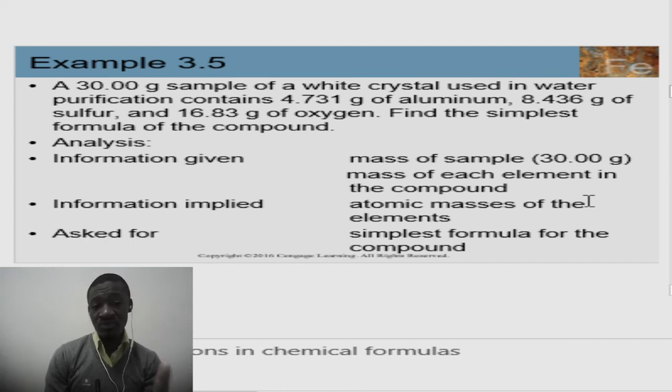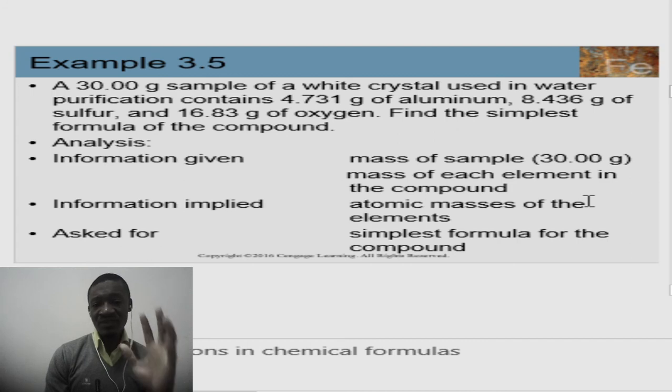It is used in water purification. And this sample contains 4.731 grams of aluminium, and then 8.436 grams of sulfur, and then 16.83 grams of oxygen.